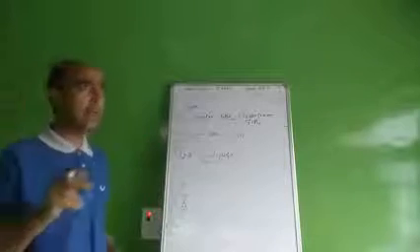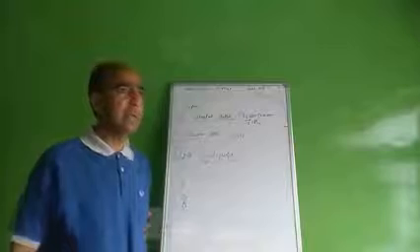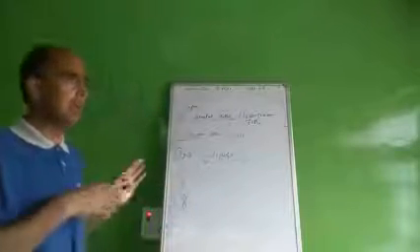Third, it forms a shock-absorbing cushion around kidneys and eyeballs, and it also produces blood corpuscles.